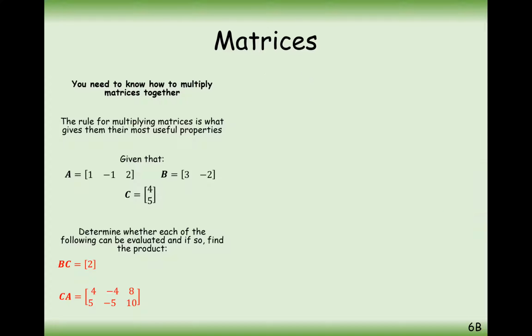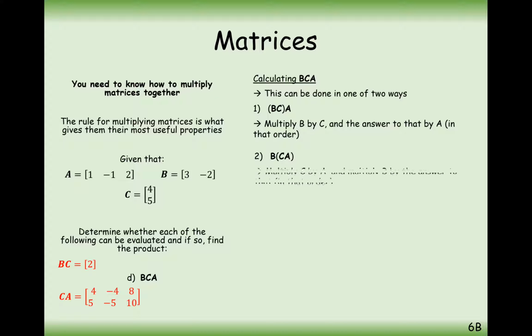Alright. The final question in this set was to multiply B, C, and A together. All 3 of them together at once. Now there are 2 different ways in which we can do this. We've seen previously that we can't rearrange the order that we multiply matrices in, but we can choose a different order to multiply them in as long as we keep them in the correct order.